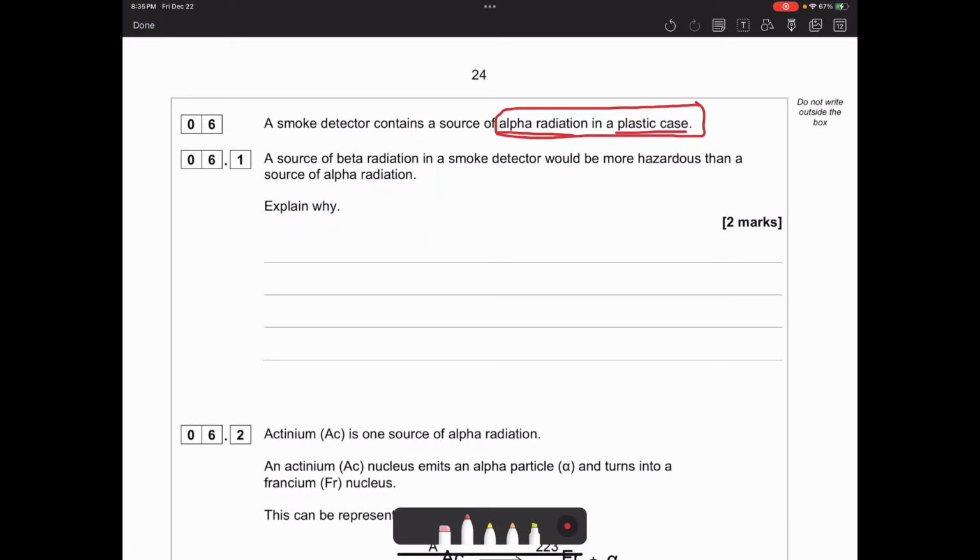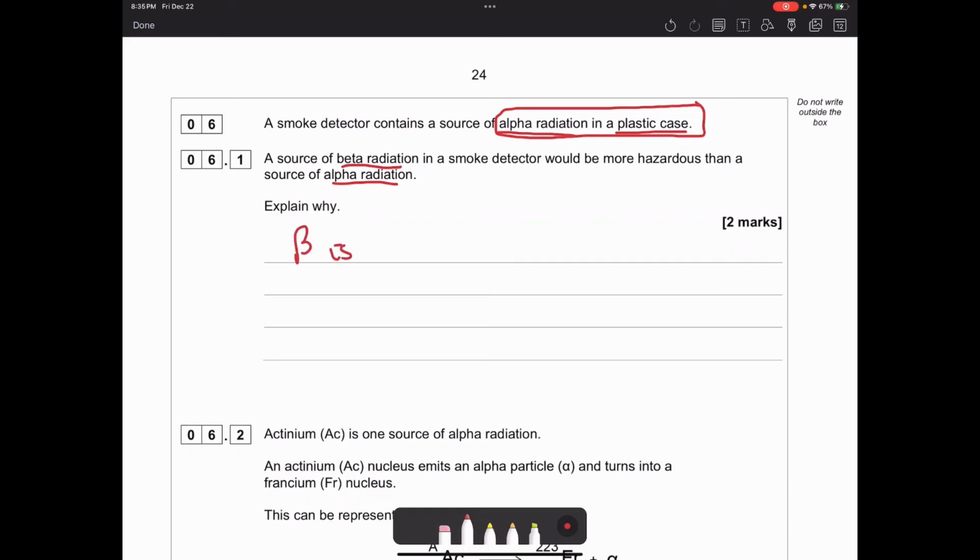Why do we use that? Well, it's because alpha is not very penetrating. Alpha, the biggest of your radiations, can't get through any materials, stopped by paper, stopped by skin. So alpha is stopped, we know that, but now they're saying, why would beta be more dangerous?